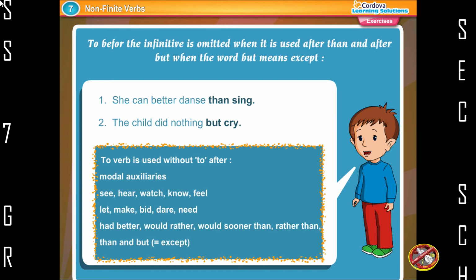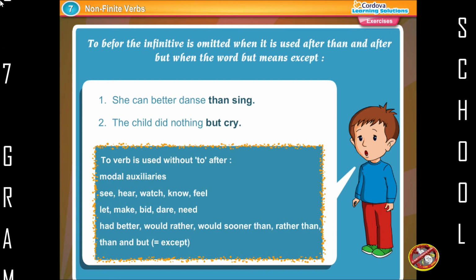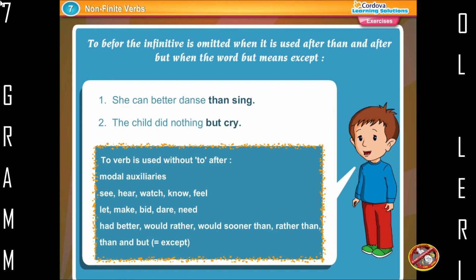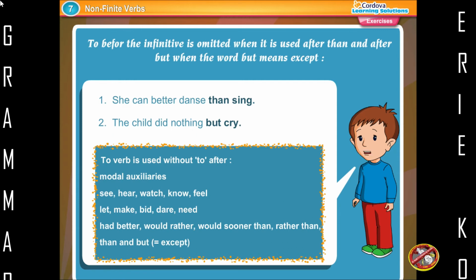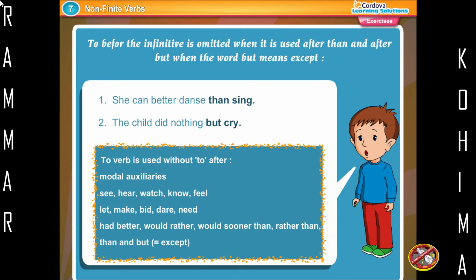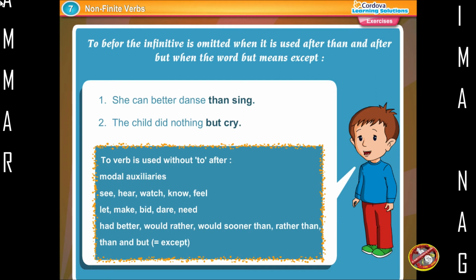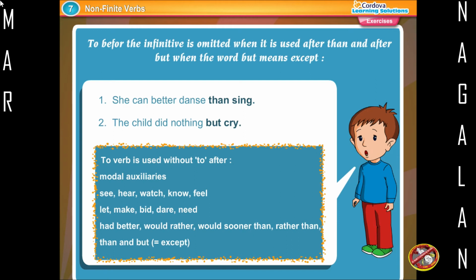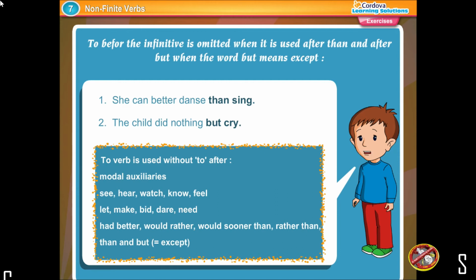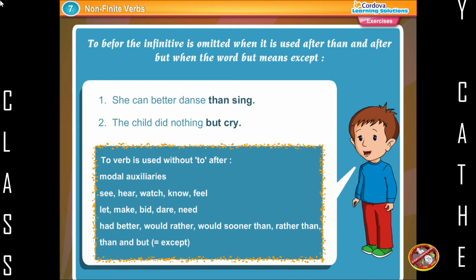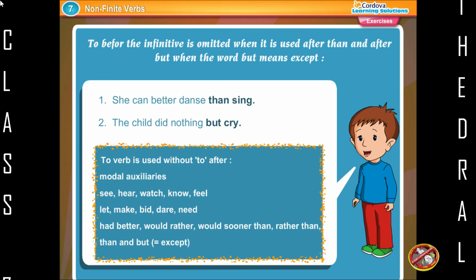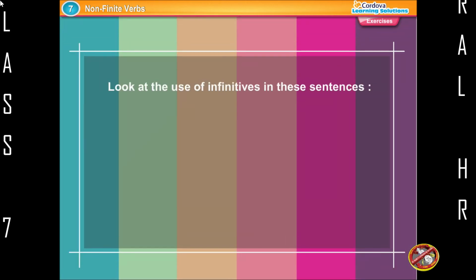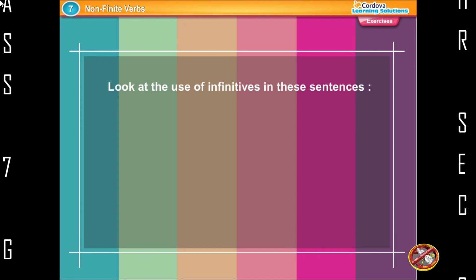The verb is used without to after modal auxiliaries: see, hear, watch, know, feel, let, make, bid, dare, need, had better, would rather, would sooner than, rather than, and but, except.